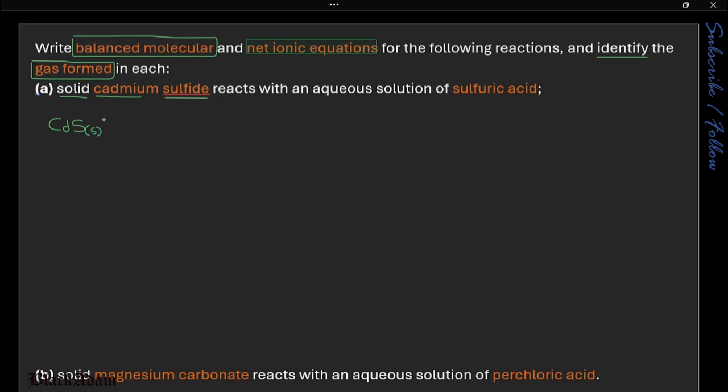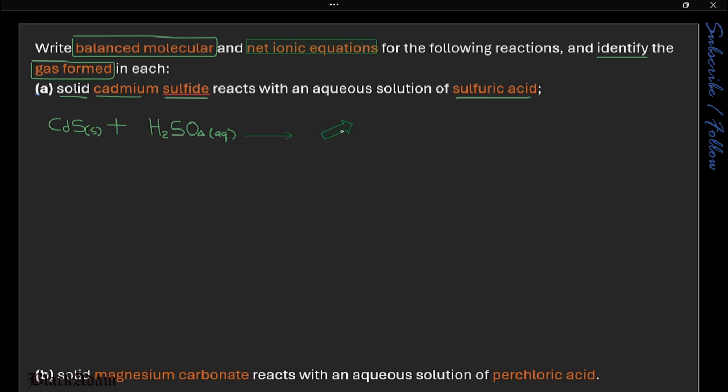CdS, which is solid, reacts with sulfuric acid in aqueous form, that is H2SO4, aqueous.